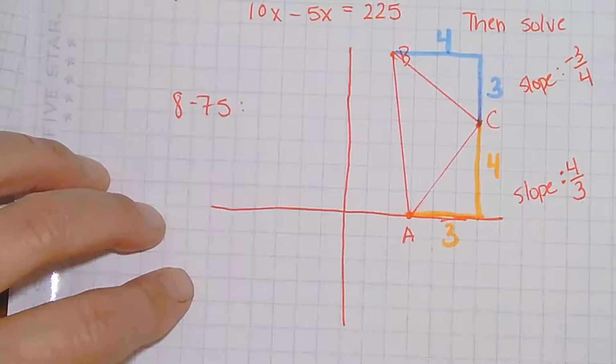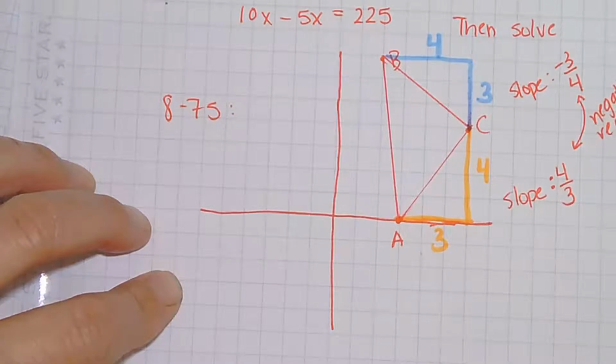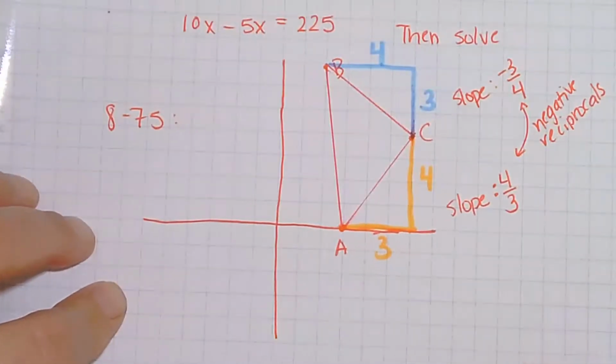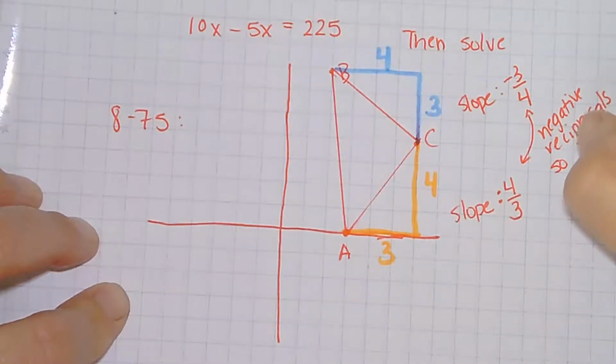Now when you're looking at these two slopes, these are negative reciprocals. So that means that they are perpendicular. And that's shorthand for perpendicular. Okay, so that's one thing they're asking for.